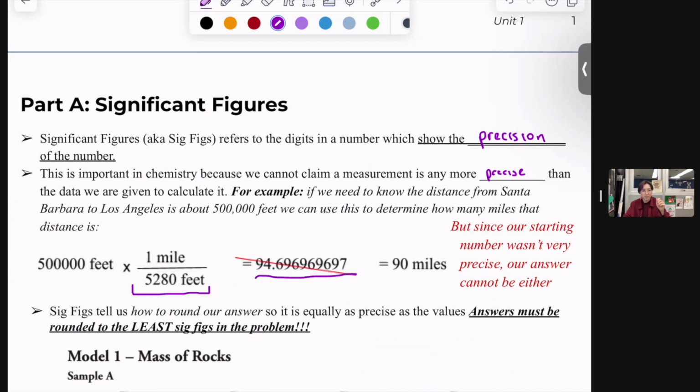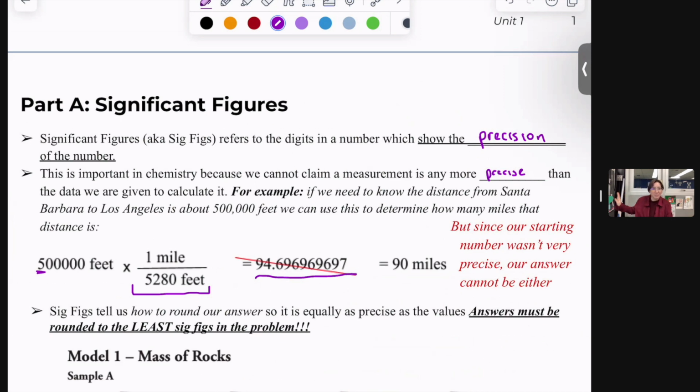I do my little calculation and I get this number on my calculator. It's tempting to write down all those digits because they're all there. Maybe you want to round it to the tens place or something like that. But this number wasn't very precise. The odds that it was exactly 500,000 are low, and the number isn't specifying that it was exactly 500,000.